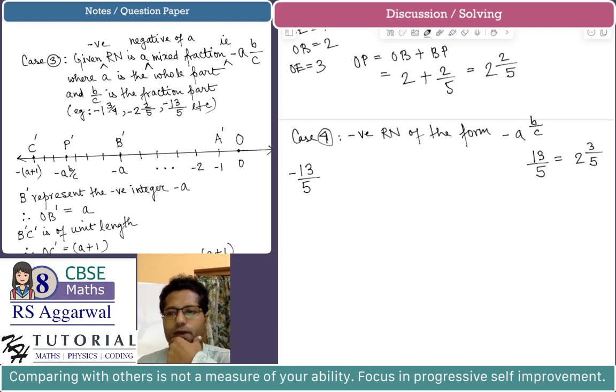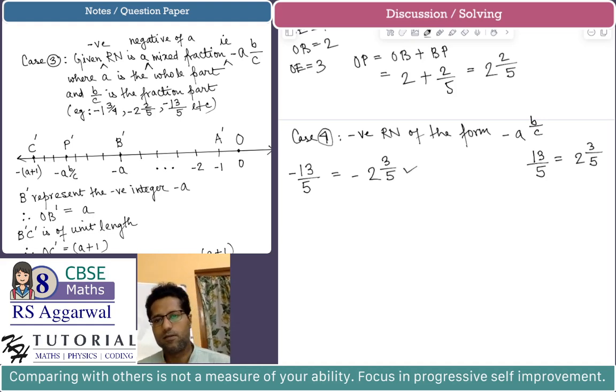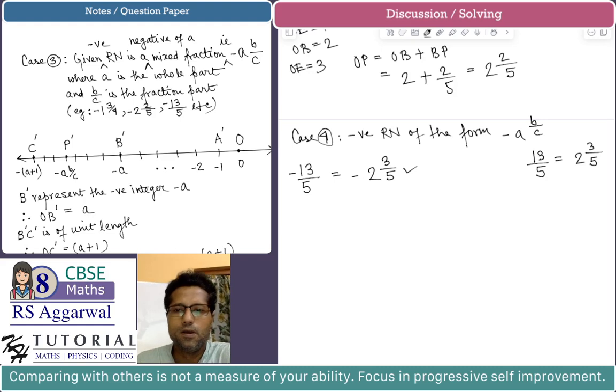So minus 13 by 5 will be minus 2 and 3 by 5. Everything will be the same, we will do similar drawings as for 2 and 3 by 5, but everything will be on the left hand side of the origin O, since this is the negative of 2 and 3 by 5.